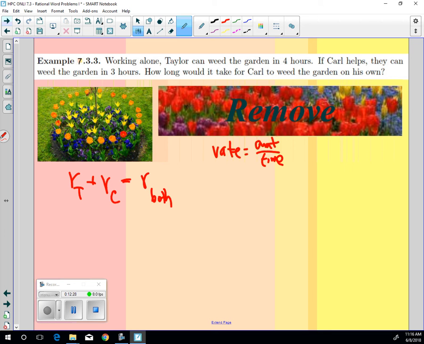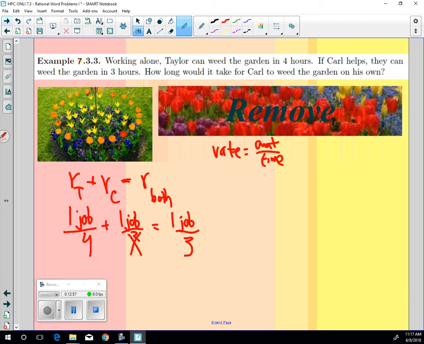So for Taylor, the rate is 1 job divided by, takes her 4 hours. For Carl, it's 1 job, and it takes him 3 hours. Oh, wait a minute. No, we don't know what his hours are. But we do know what it takes for 1 job for both of them to do, and that's 3 hours.